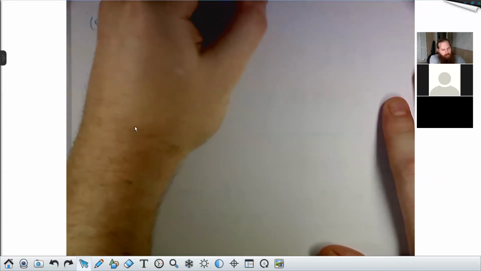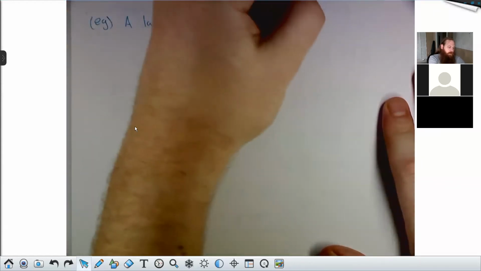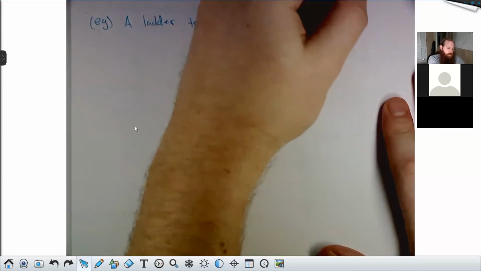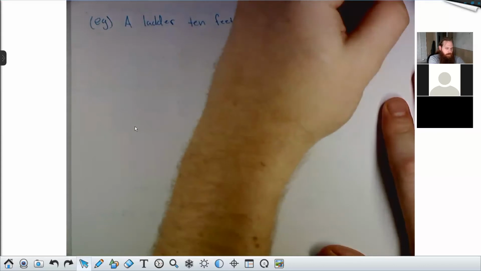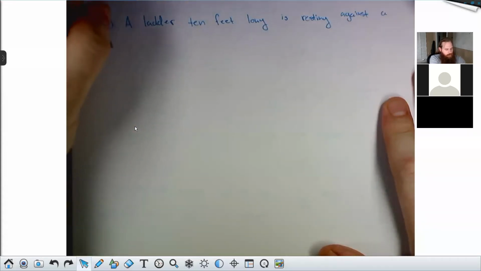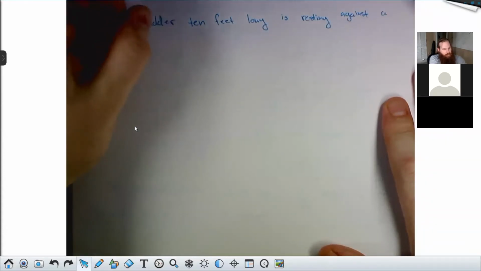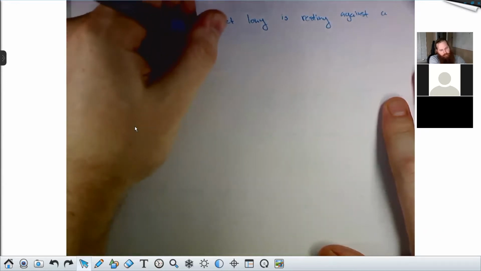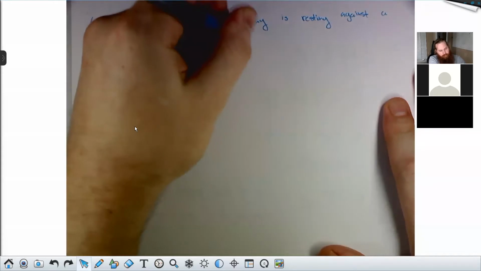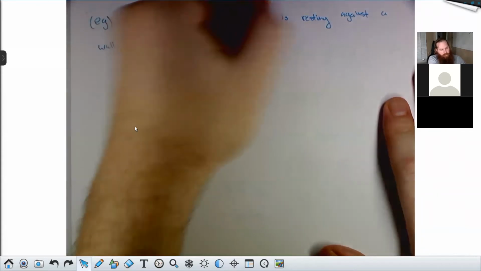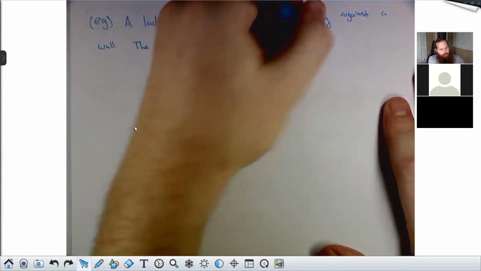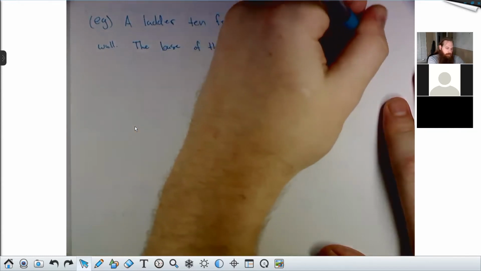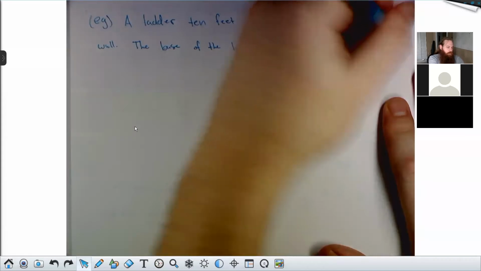So a ladder 10 feet long is resting against a wall. The base of the ladder is 2 feet out from the wall.